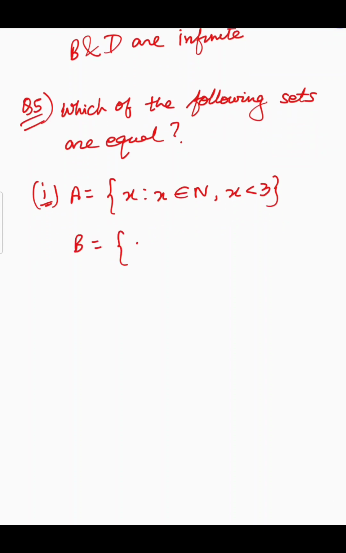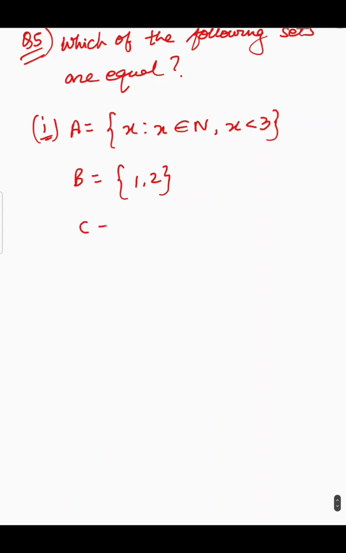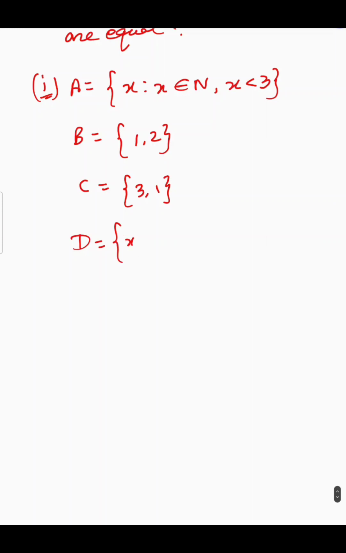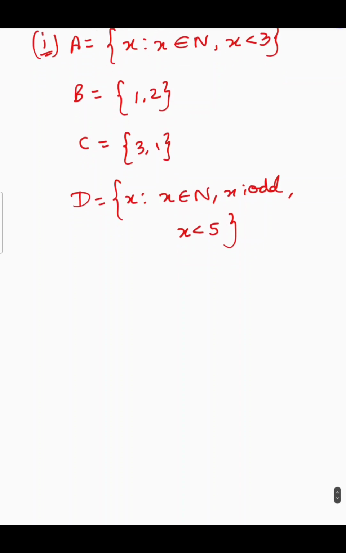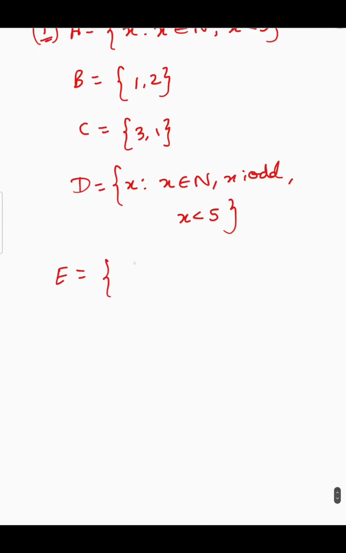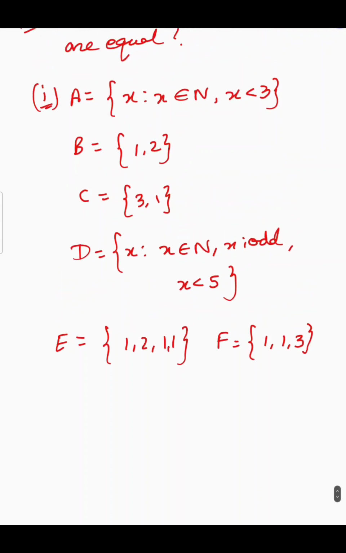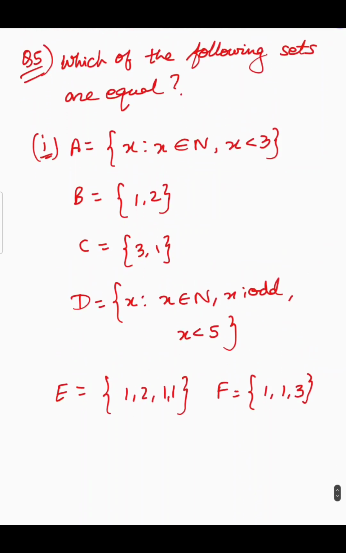B is {1, 2}. C is {3, 1}. D is the set of all x such that x belongs to natural numbers, x is odd, x less than 5. E and F. Now we have to find which of the following sets are equal.